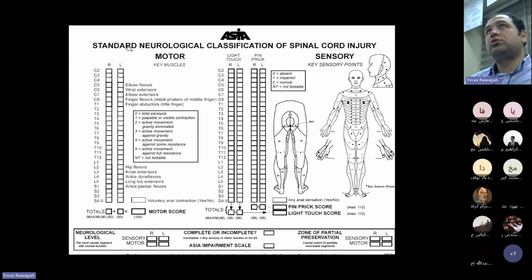Regarding the motor function of the spinal cord, we examine the power for each joint movement.